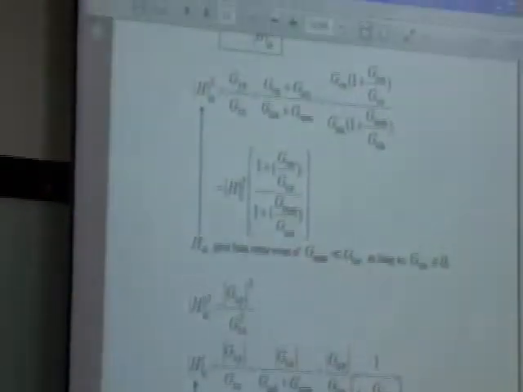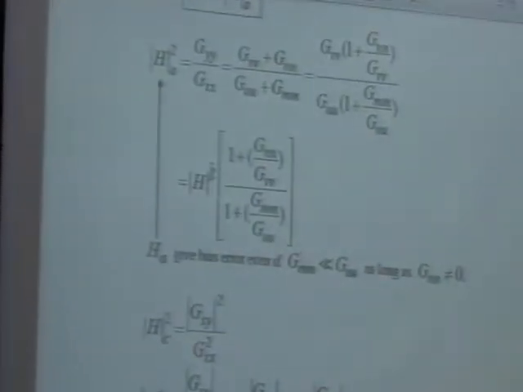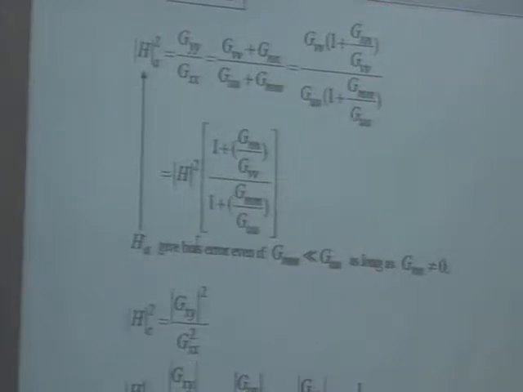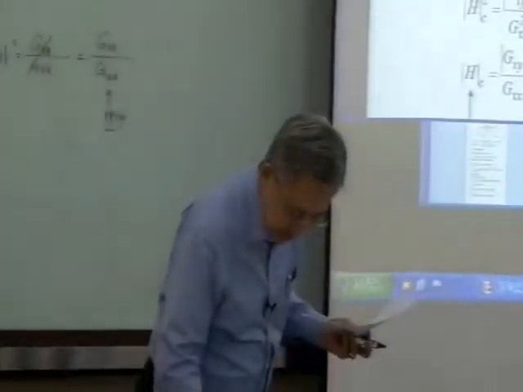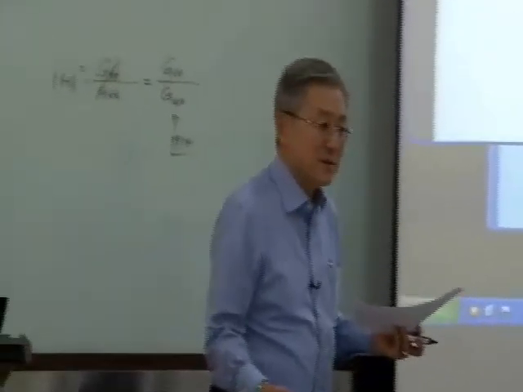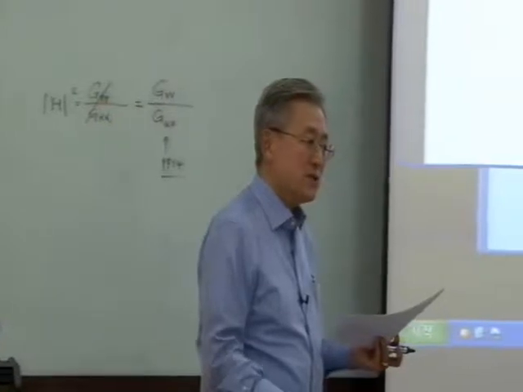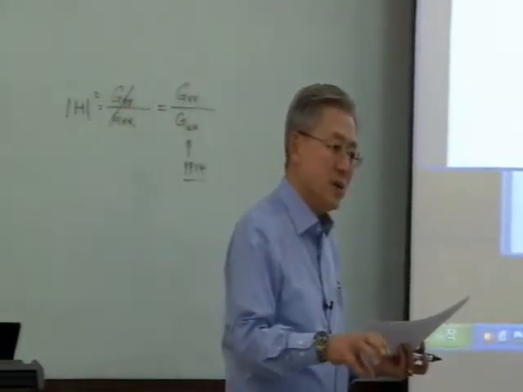14. Right here. The GVV over GUU is H absolute square. Right? That's what the equation said. And if you go into page 17, those are identical equations, okay? So what I did in page 17 is a summary.